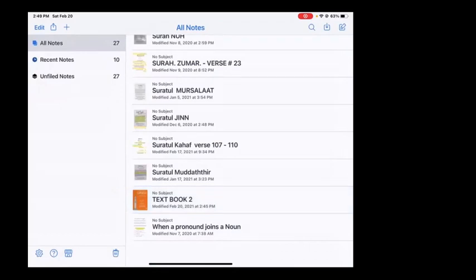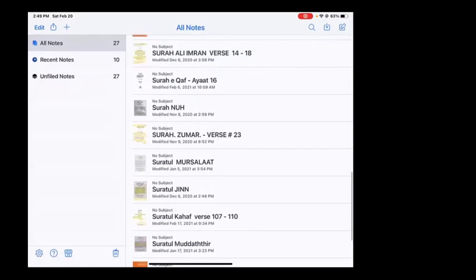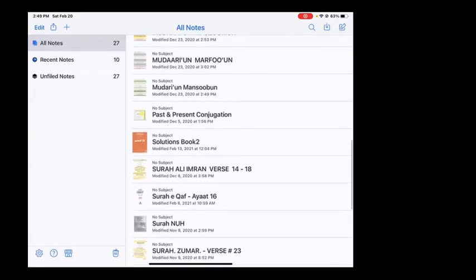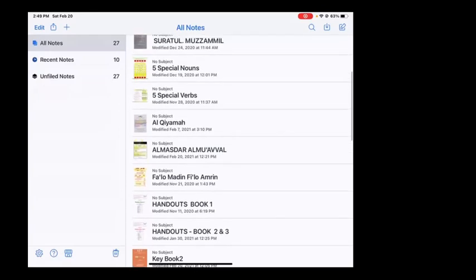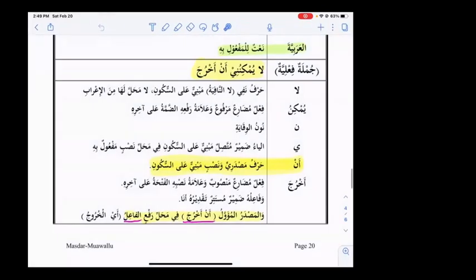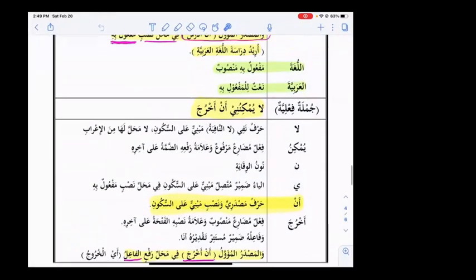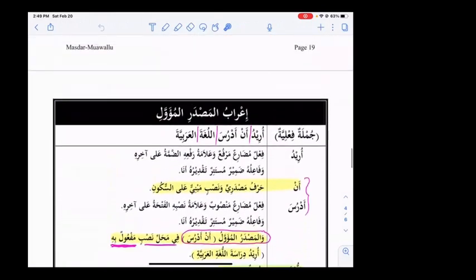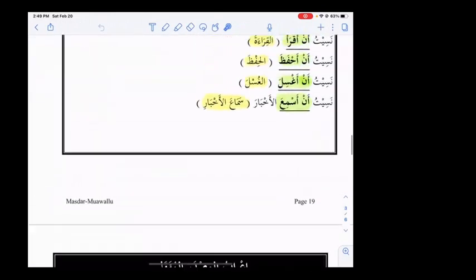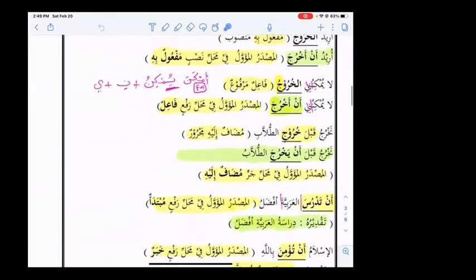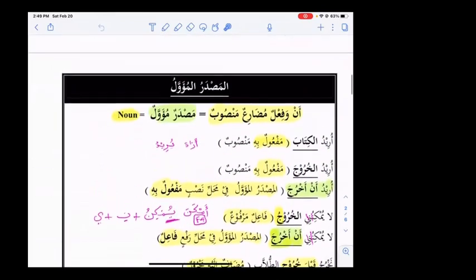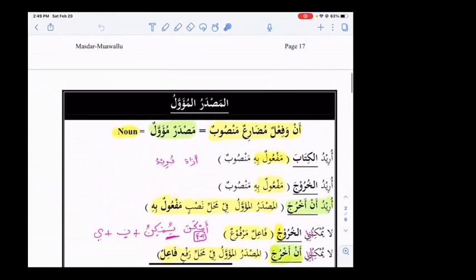Now we go to, I don't want to forget, Mastar Muawwal, my brothers and sisters. I want you to think about it and read it. What is Mastar Muawwal?